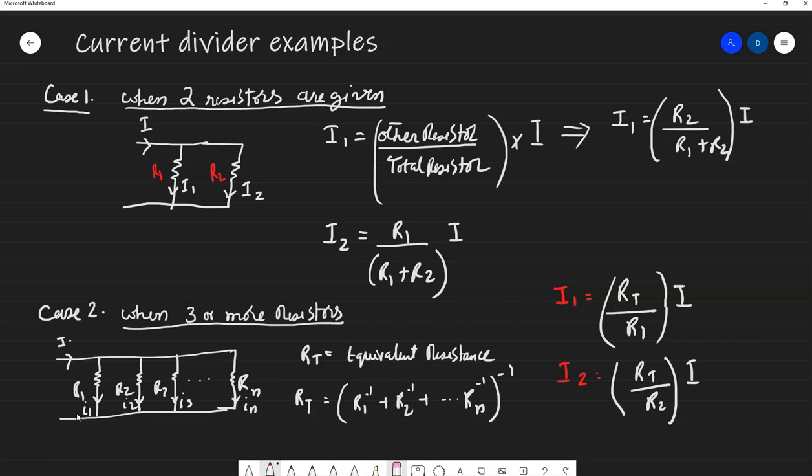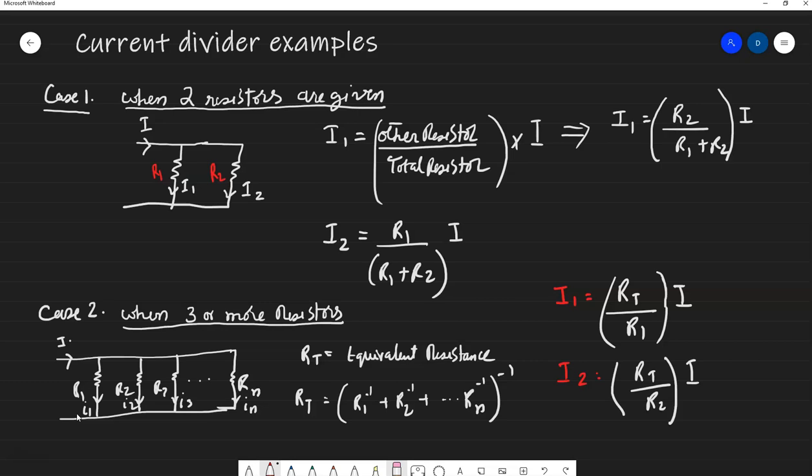Now when you have three or more resistors, again the formula is very simple. You have to first find the equivalent resistance. Because the resistors are all in parallel, this is the quickest formula.